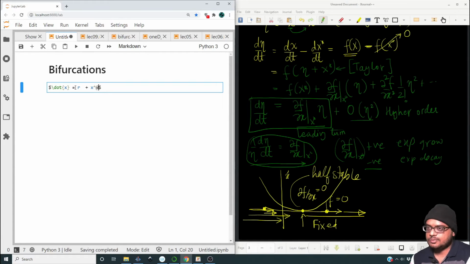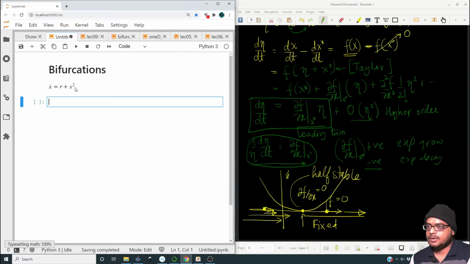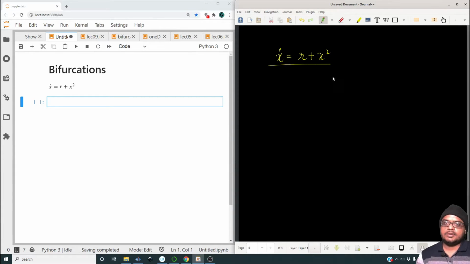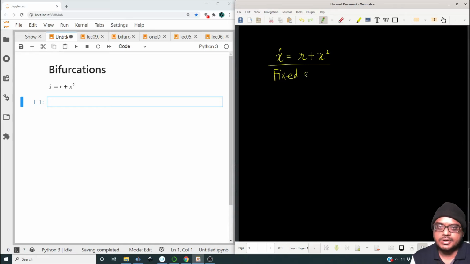Now, this is a very famous prototypical problem. So the problem at hand is x dot is equal to r plus x square. Let us try to look at this problem from a geometric viewpoint. Let us try to find out the fixed points and their stability.